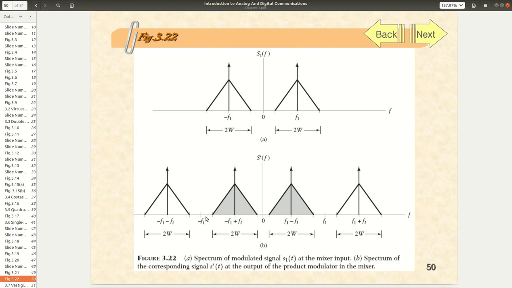But in the regeneration of the original signal, I want the original M of t, so I have to recover the other side. Then I have two, one at FL plus F1 and one at minus F1 minus FL. I just use a low pass filter around my signal, and then I will recover M of t.